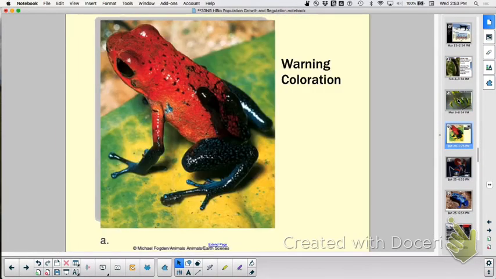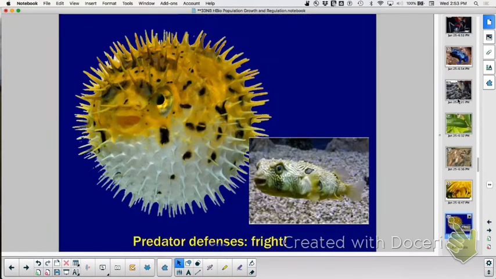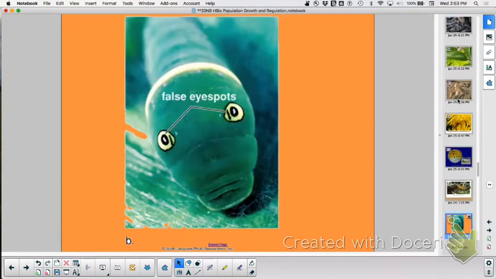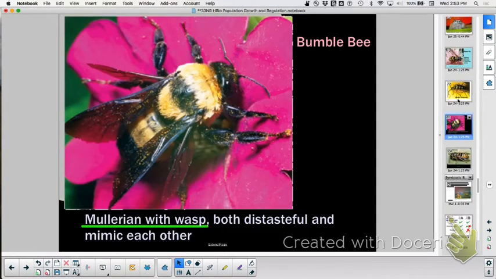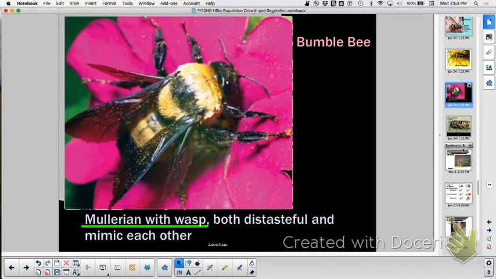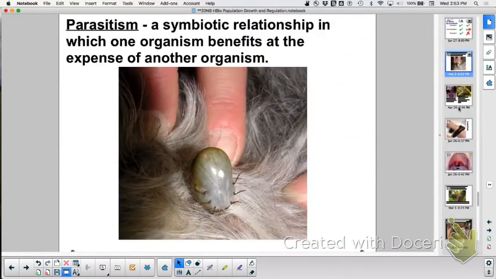Defensive mechanisms like hiding, camouflage. Batesian versus Mullerian mimicry. The way I remember Mullerian is we both have stingers, 2 L's, Mullerian. Batesian, I get you to take the bait. We talked about symbiotic relationships.